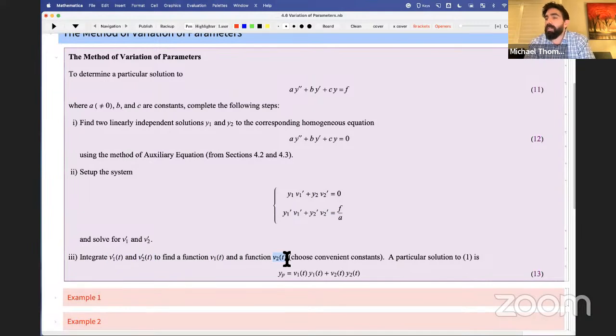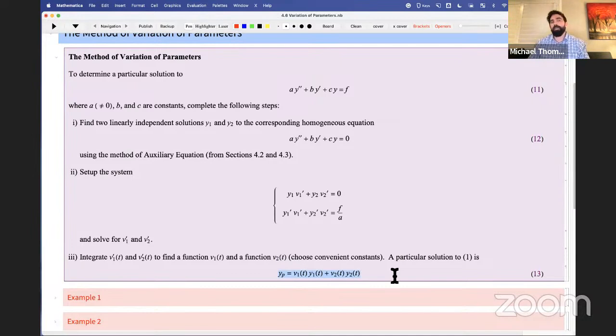And then you choose convenient constants. It doesn't really matter what you choose because it's going to get absorbed anyway. Usually you're going to choose c equals 0, or maybe c equals 1, depending on what's easiest. And then you'll have your particular solution, YP.